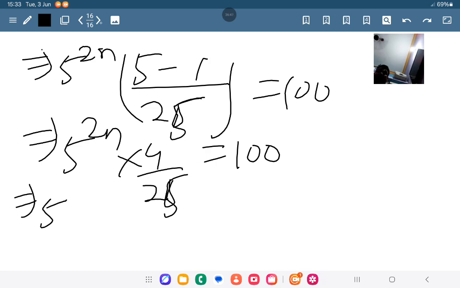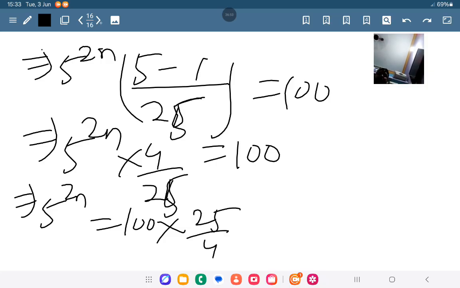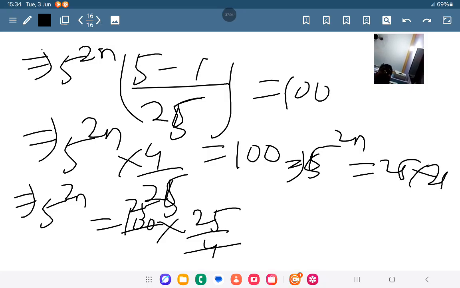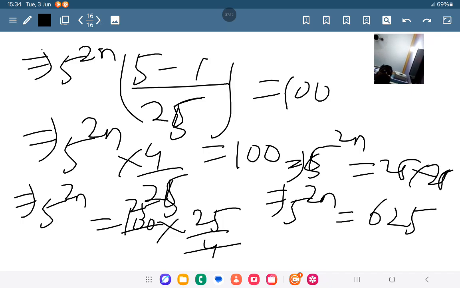So 5 to the power 2n is equal to 100 into 25 by 4, just the reciprocal. It is 25, so 5 to the power 2n is equal to 25 into 25. So 5 to the power 2n is equal to 625.